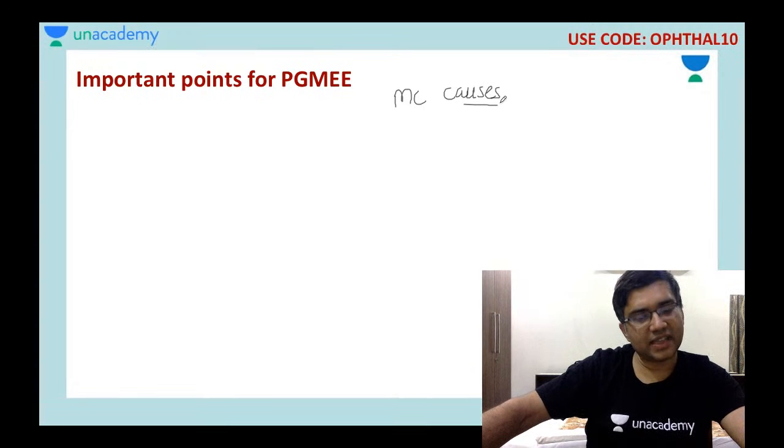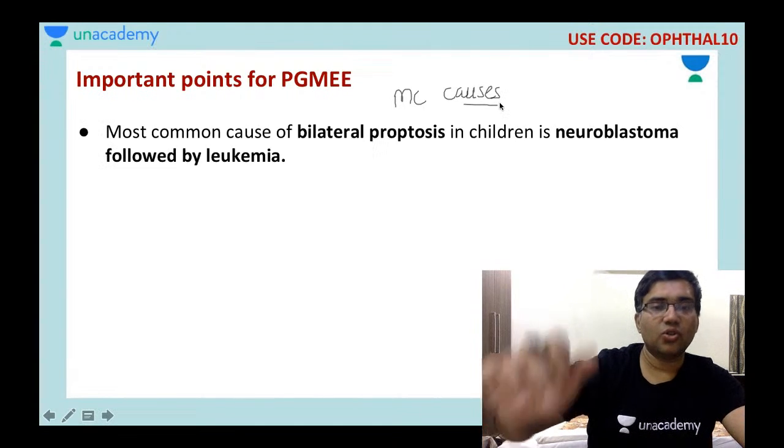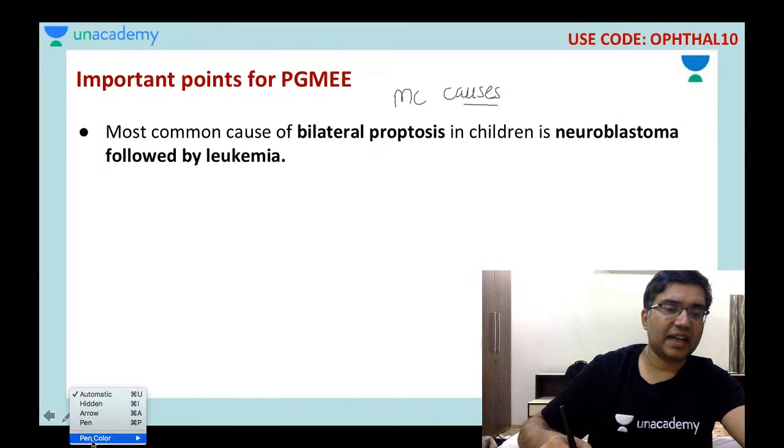Bilateral proptosis is there, so you are basically thinking about some systemic cause. So if they ask the most common cause of bilateral proptosis, the answer is neuroblastoma. If neuroblastoma is not in the option, the next best option is your chloroma or leukemia. Okay, so I basically underline it once again.